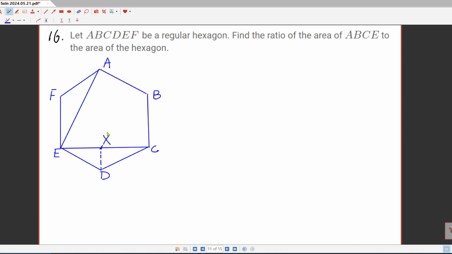And then we know altitude DX of isosceles triangle DCE divides DCE into two 30-60-90 degree triangles, right?